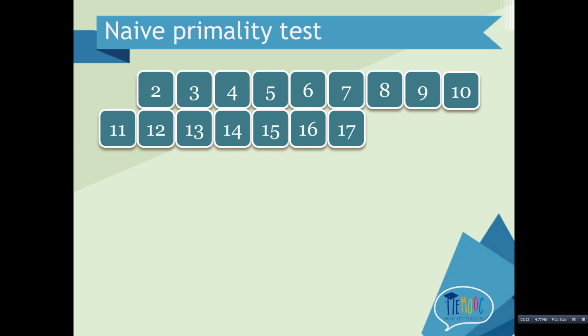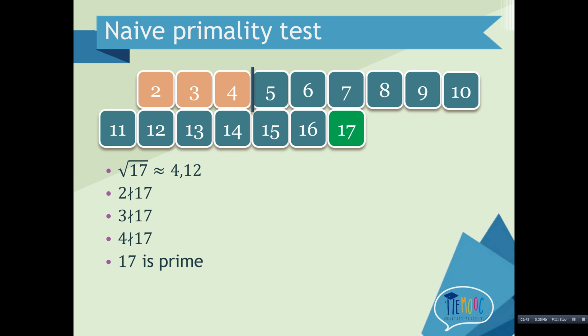Let's see another example, 17. The square root of 17 is 4.12, so it is enough to check the numbers until 4. 2 doesn't divide 17, 3 doesn't divide 17, and 4 doesn't divide it either. Therefore 17 is a prime.